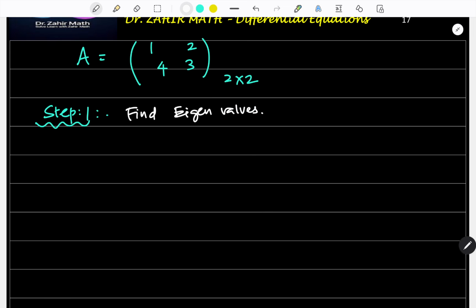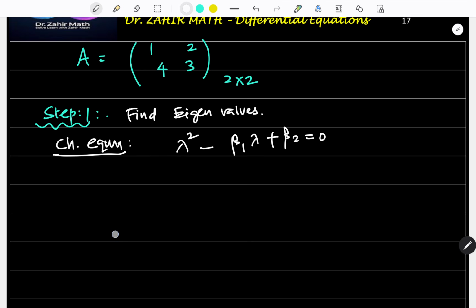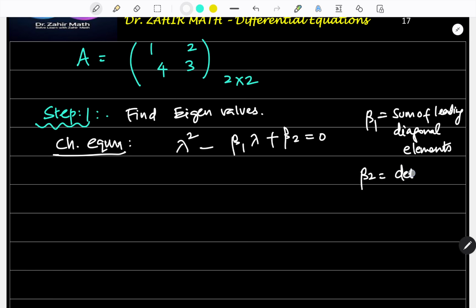I told you how to find them: we find the characteristic equation, lambda square minus beta 1 lambda plus beta 2 equals 0. Beta 1 is the sum of the leading diagonal elements, and beta 2 is the determinant of A.